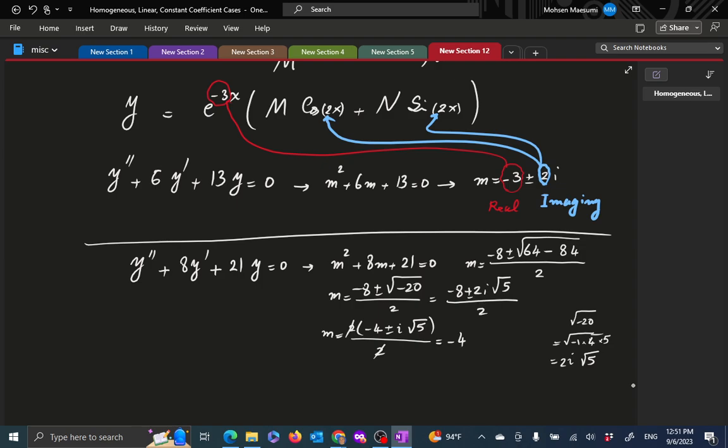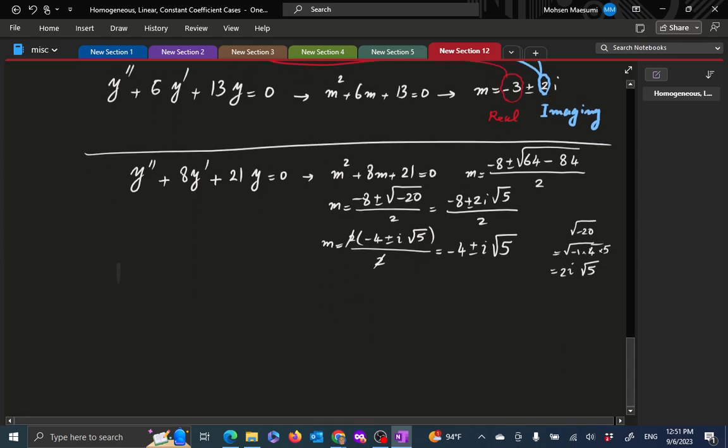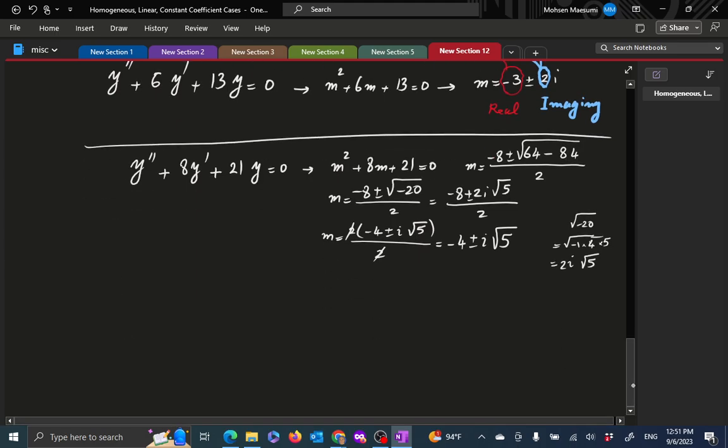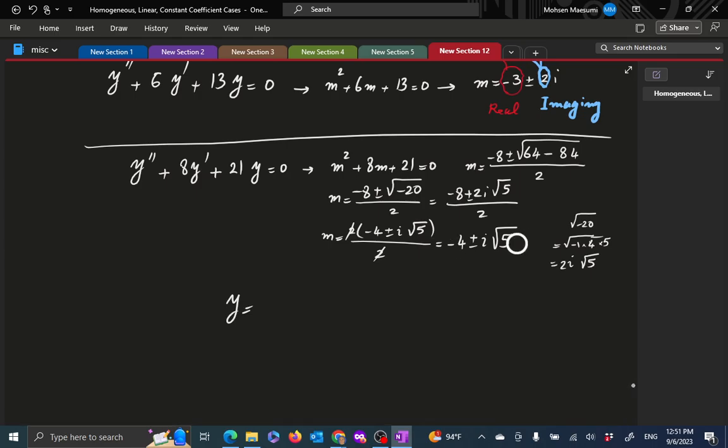So the short end of this is, these are my roots, the roots of the characteristic equation. So what's the solution? Now, instead of writing the solution in the complex form, let's write a real solution. Real solution means we put aside, hide, any i.